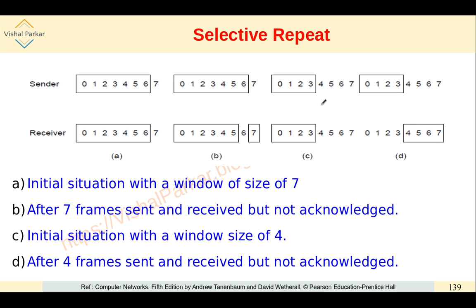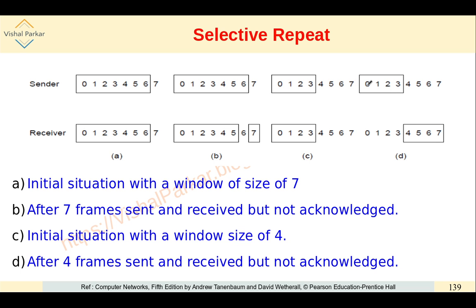In the case of figure C, out of the total 8 sequence numbers, the window is now chosen to be (7 + 1) / 2, that means 4. 0, 1, 2, 3 is the situation in the initial case, as can be seen here. Similarly, the receiver is also waiting for 0, 1, 2, 3. Whenever all the frames from 0 through 3 have been sent and correctly received, the receiver will advance its window to indicate the next 4 frames: 4, 5, 6, 7.